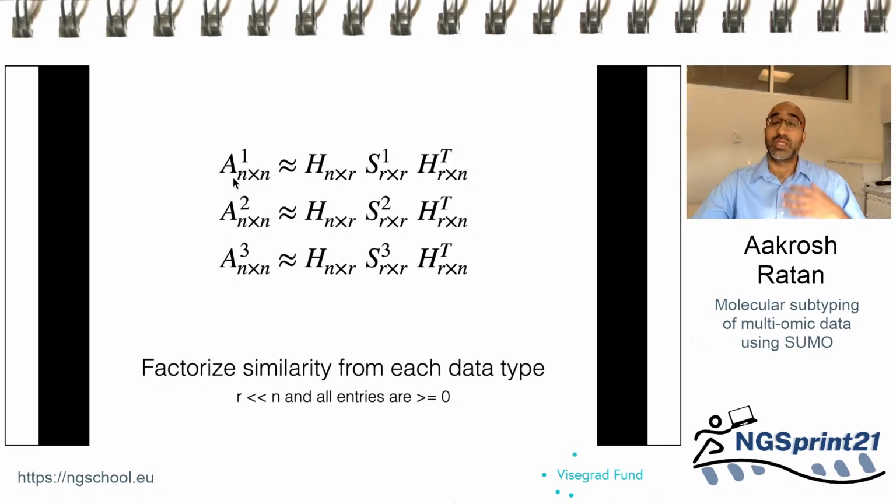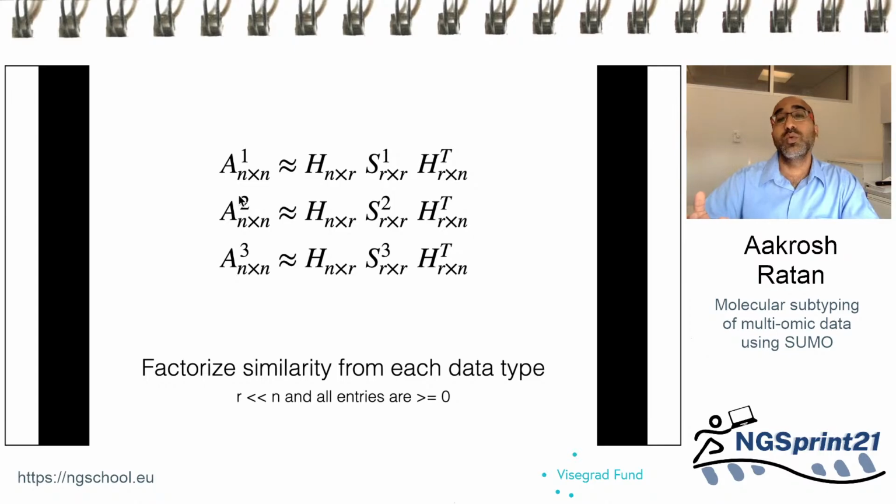Now, an interesting point to remember about these matrices is that they are going to be positive numbers. Remember our radial basis function: if the Euclidean distance is 0, it evaluates to 1, and if the Euclidean distance is extremely large, it evaluates to 0. What that means is the similarity matrix is always non-negative.